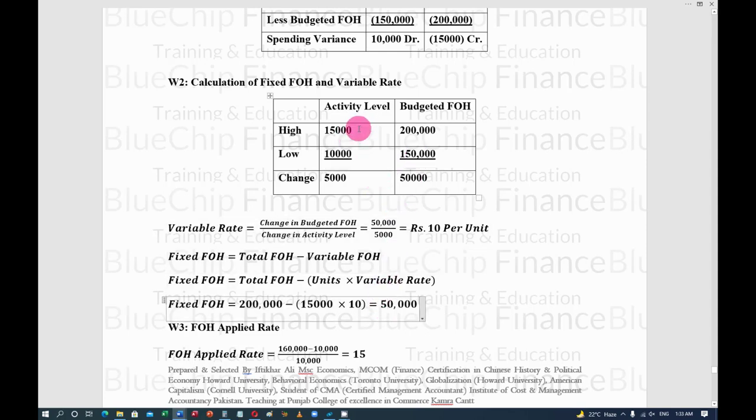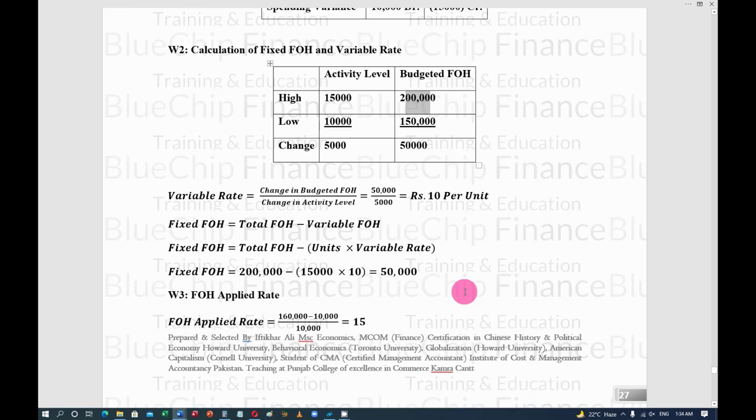So same we can calculate at this level, 15,000 activity level multiplied by variable rate 10, which is 150,000, and 2 lakh minus 150,000 equals 50,000. So it is confirmed at both levels that budgeted fixed FOH is 50,000.